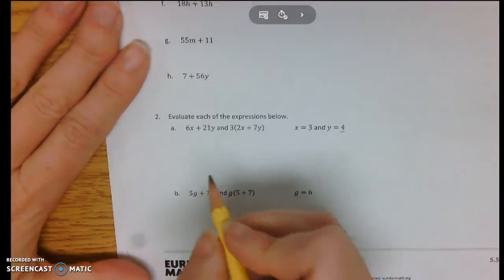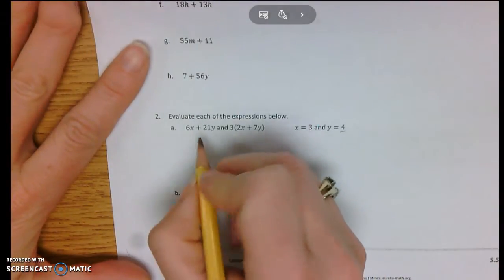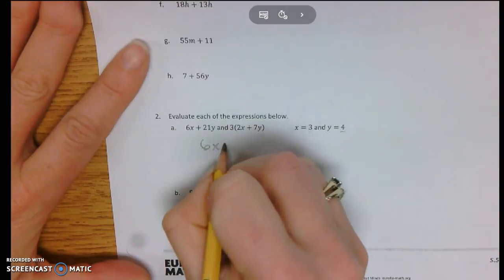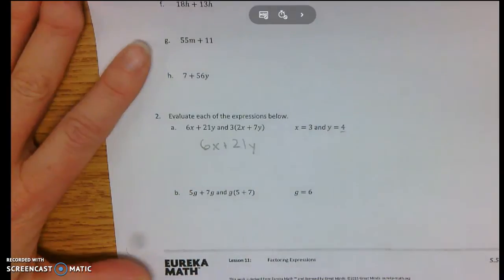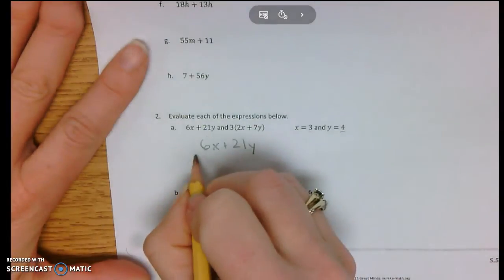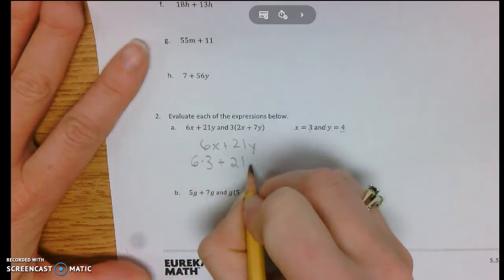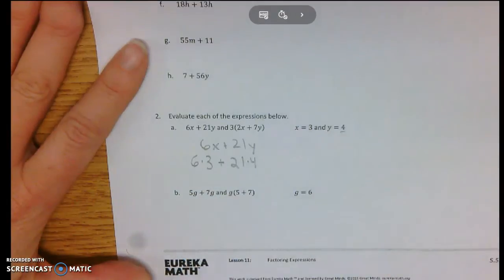So on your paper it should look like you should write the problem 6x plus 21y first, and then you should use the substitution method to rewrite the problem 6 times 3 plus 21 times 4, and then you should use order of operations to solve that problem.